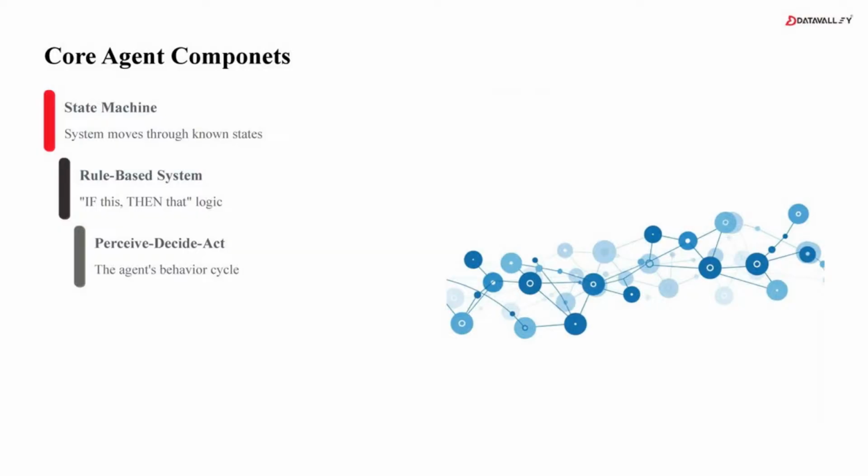Finally, we have perceive, decide, and act. So this is the agentic cycle. Perceive means what is happening in the environment. Decide is what to do based on those rules. And act is changing something in the environment.